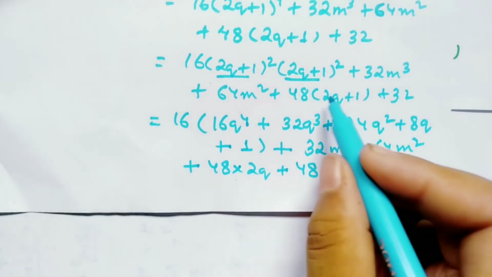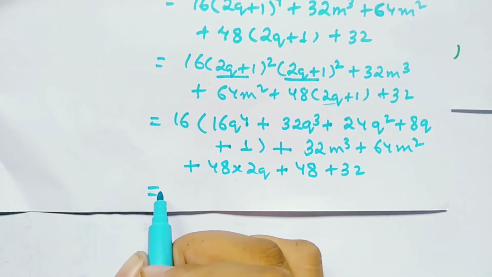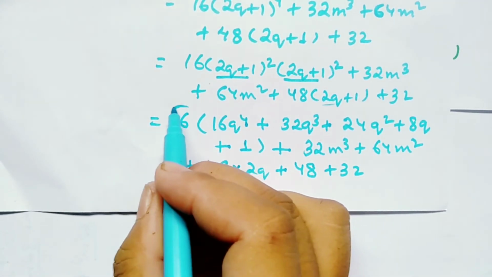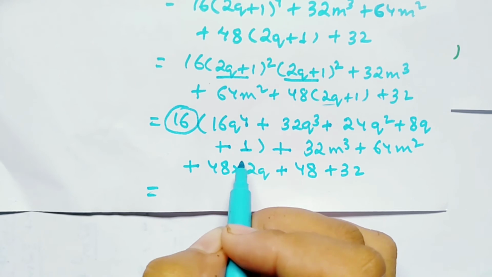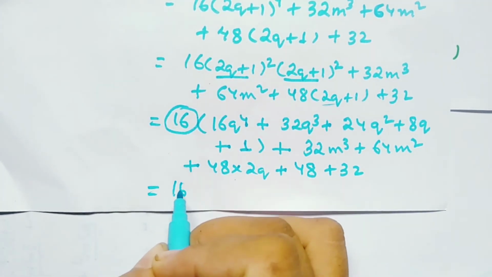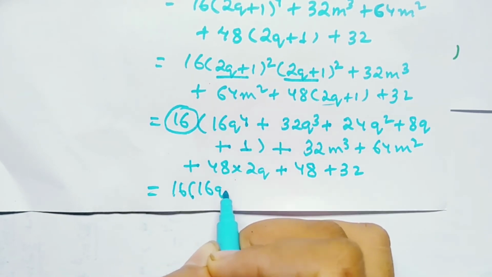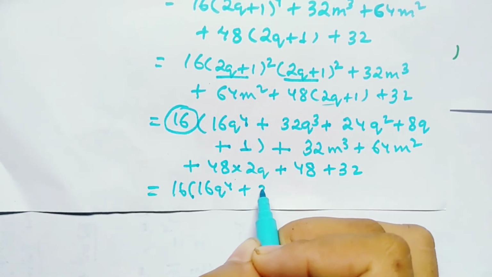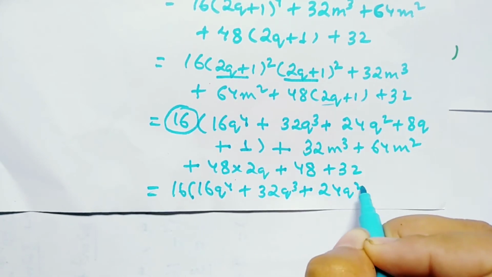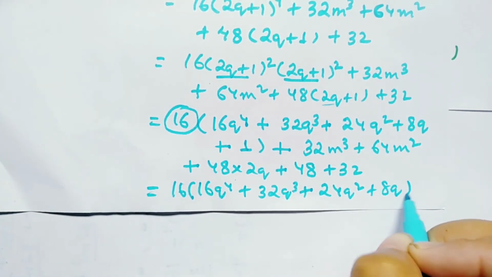Okay, and then what do you have? From here, 16 into 1 you get 16. And then here you have 16q⁴ + 32q³ + 24q² + 8q.